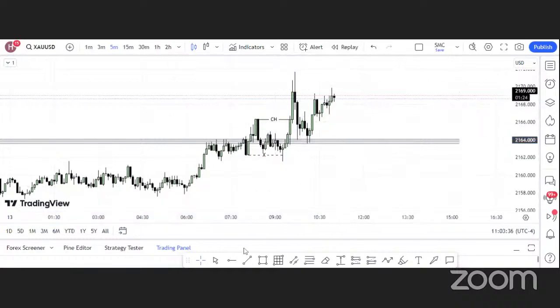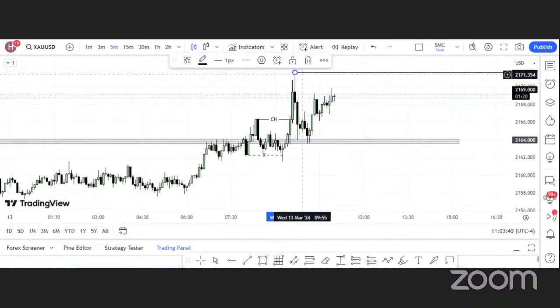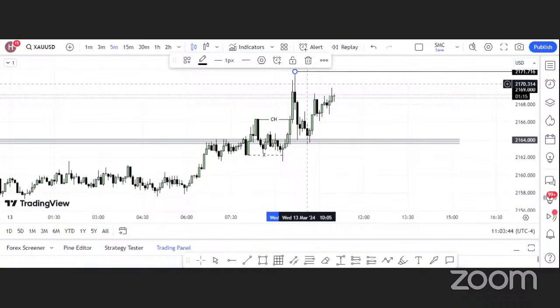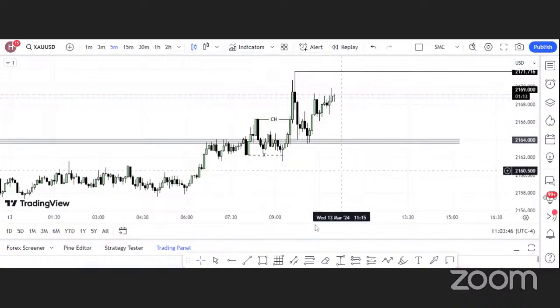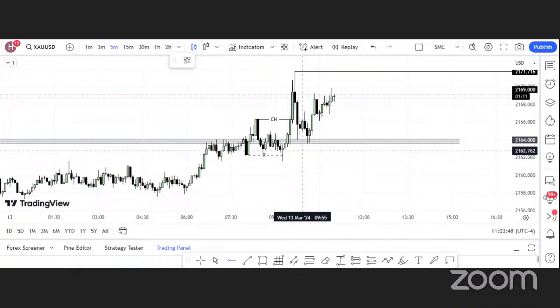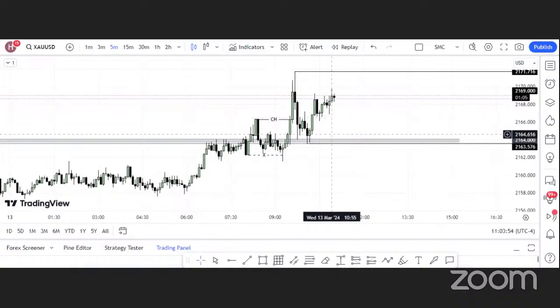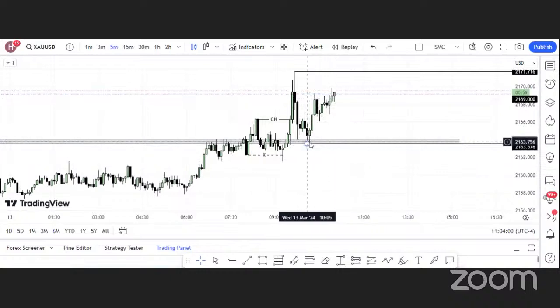Right now, this market is trying to break this high. We have a previous high here, and we have a current low. It's our current low because the market hasn't gone below it.